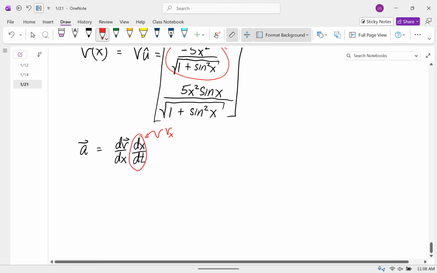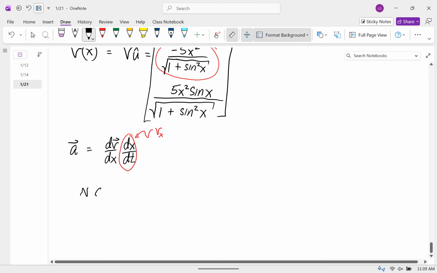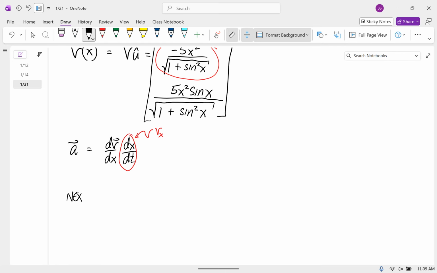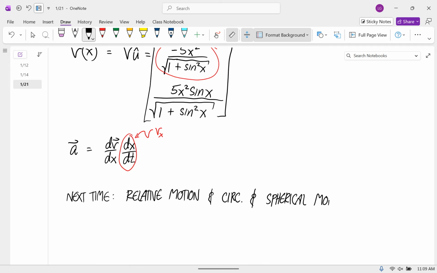So next time we'll get into relative motion and circular and spherical motion. Okay, that's it for today.